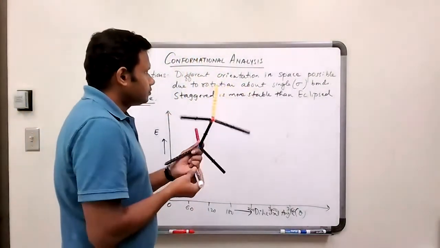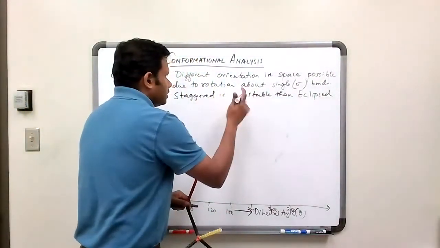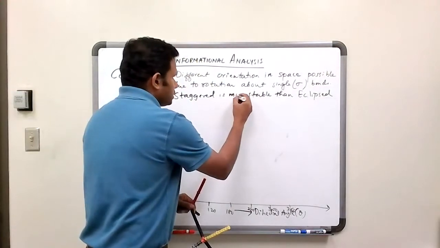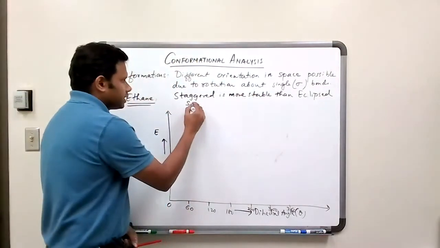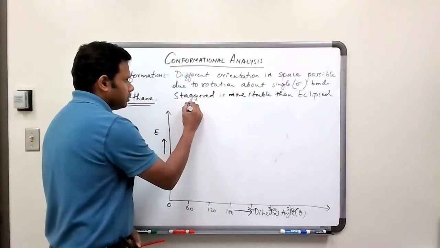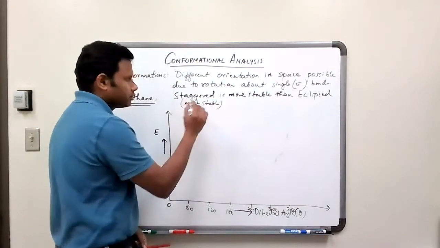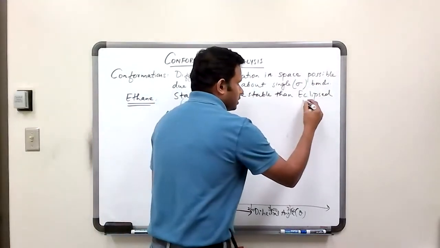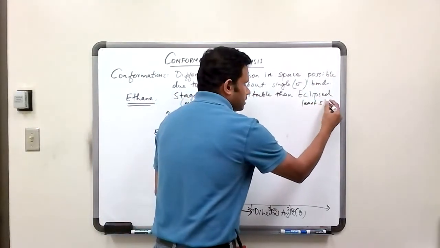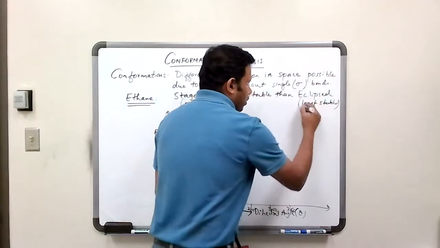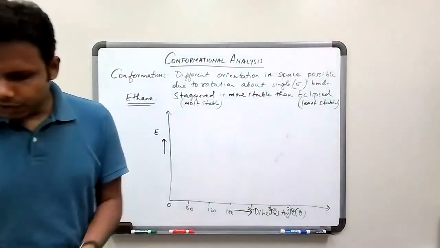So in fact, I think I'm going to say it is more stable. Staggered is the most stable of all possible conformations, and eclipsed is the least stable of all possible conformations.